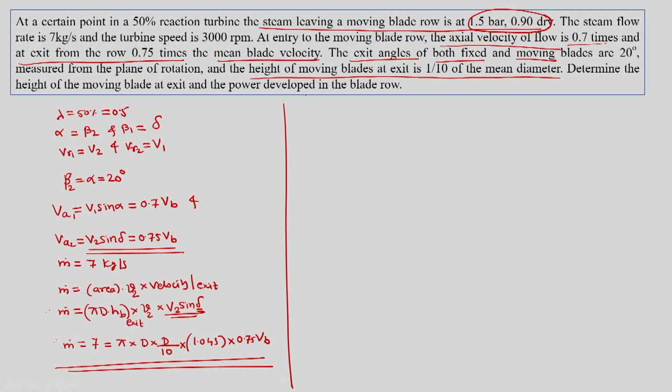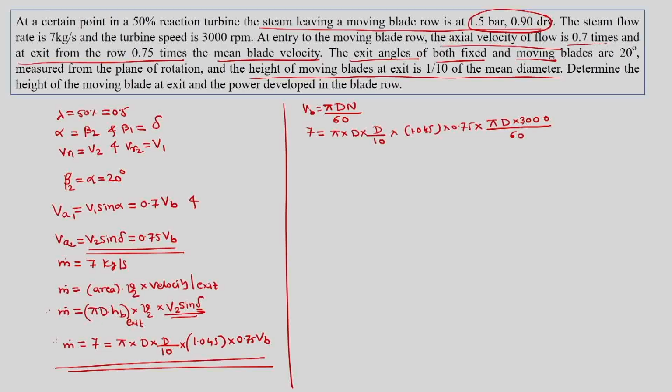But further, VB, we know it is equal to pi dn by 60. So this also we can keep here, and then we will have 7 is equal to pi into d by 10 into 1.045 into 0.75 into pi dn by 60, and n is given as 3000.